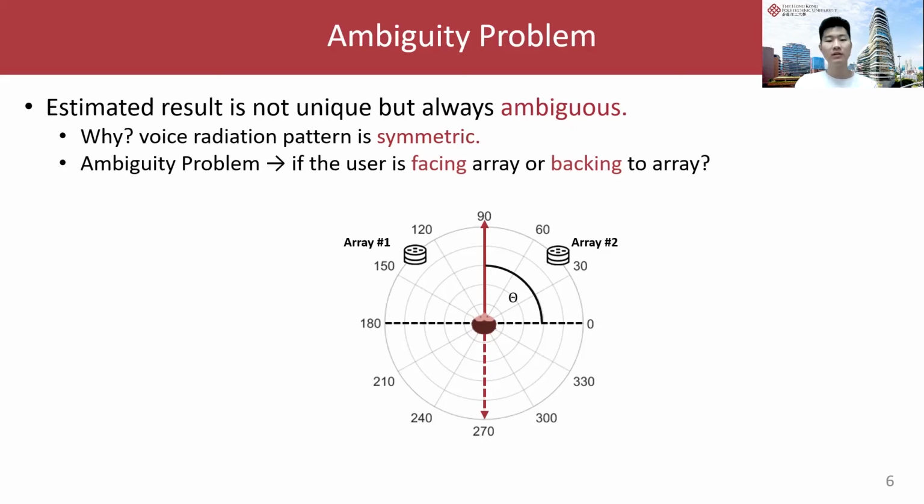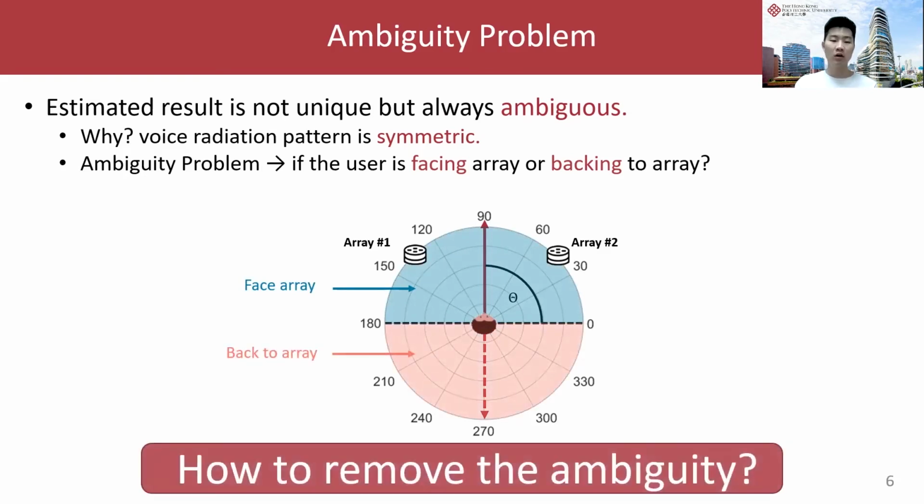But a key observation here is that these two angles are symmetric about the x-axis. So the disambiguation problem turns into detecting whether the user is facing the arrays or facing away from the arrays. So next, how do we remove the ambiguity with this observation?